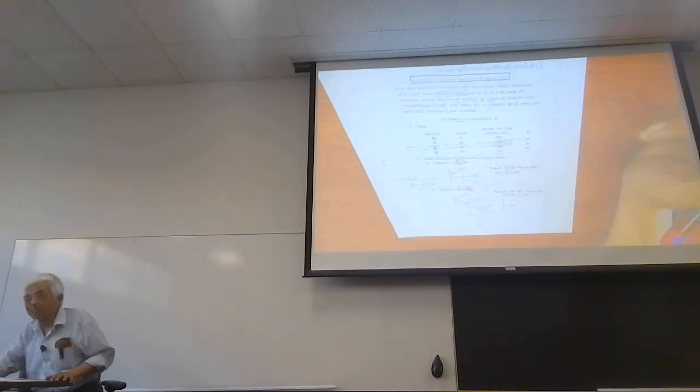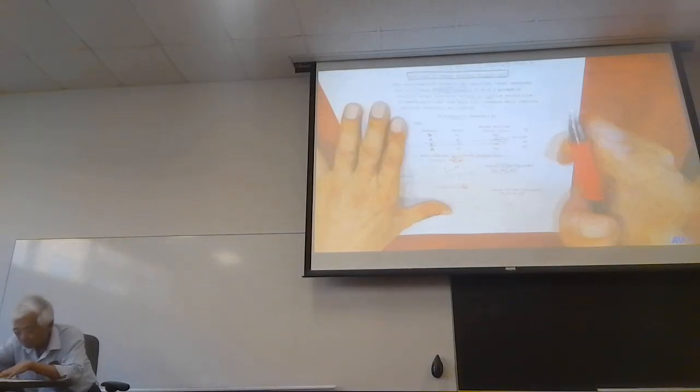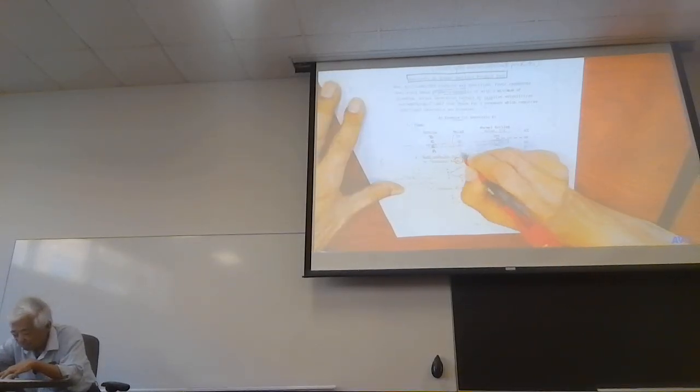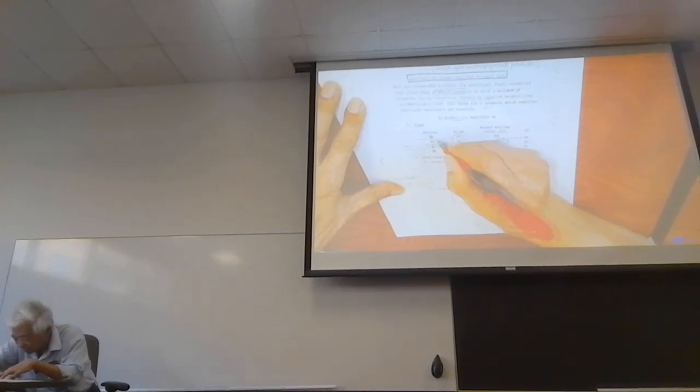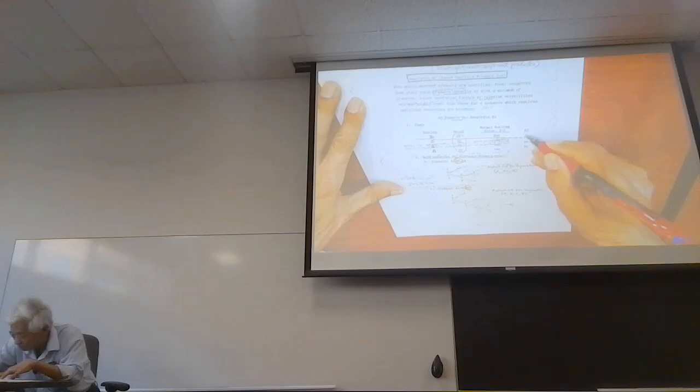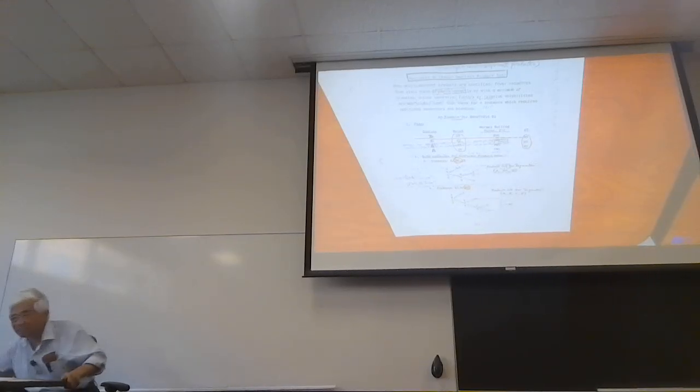What do we mean by all things being equal? Here's one example. Mole flow rate is the same. Boiling point difference is the same. This is what we mean by all things being equal.